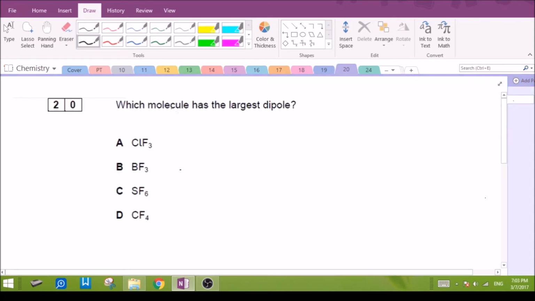Number 20, which molecule has the largest dipole? So let us figure out the number of lone pairs of electrons, bond pairs, and of course the molecular geometry of the molecules. So first off, we have ClF3. Let's draw the single bond between the fluorine and the chlorine. Right, and then we know that chlorine has 7 outer electrons.